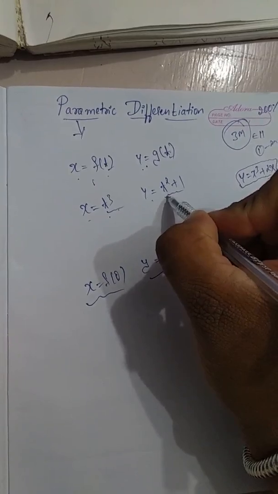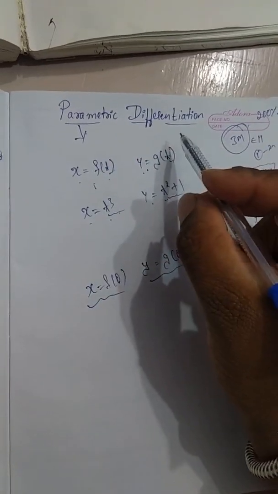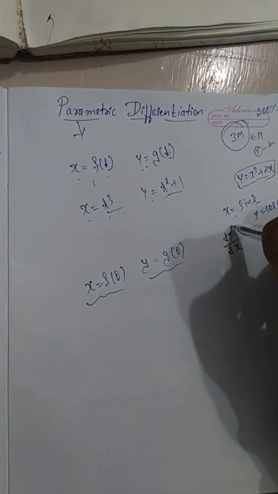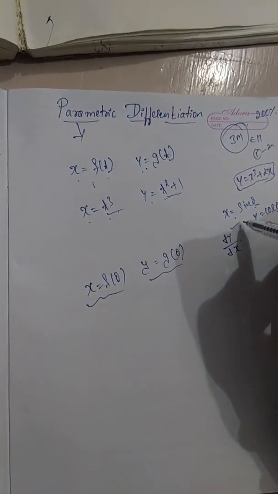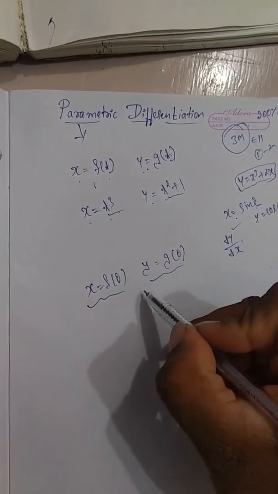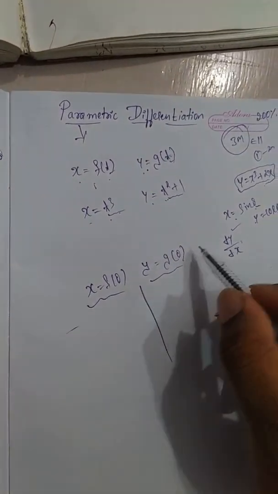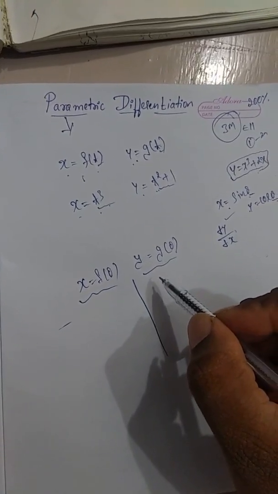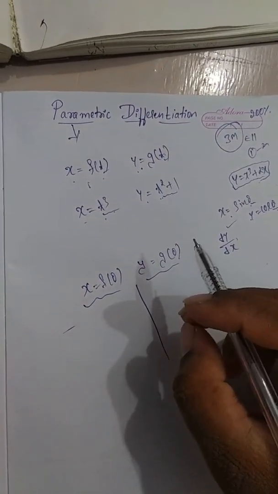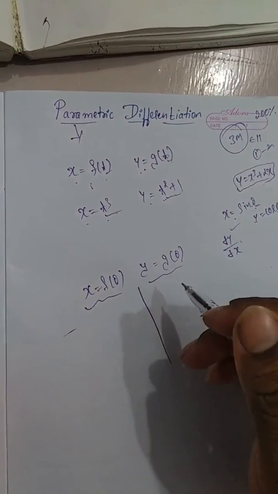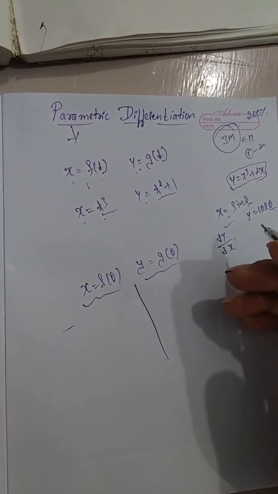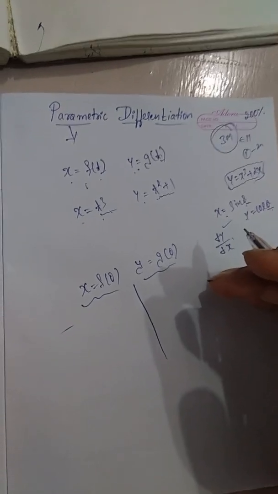How to differentiate the parametric function, to find dy by dx? You want to differentiate the functions separately. Until now you were differentiating with respect to x, because x was the variable.